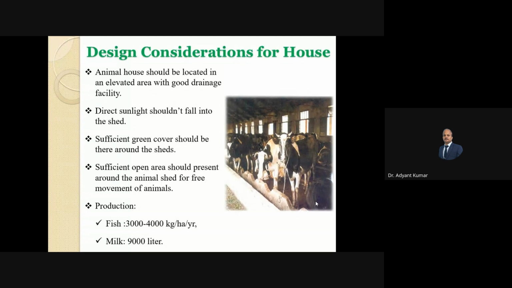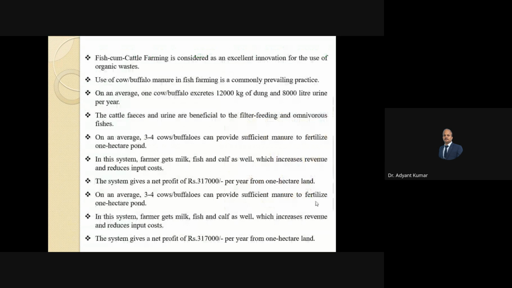In this, the production is about 9,000 liters of milk per year and 3,000 to 4,000 kg of fish per hectare per year. This fish cum cattle farming system is an excellent innovation for the use of organic waste, where use of cow and buffalo manure in fish farming is also a commonly prevailing practice. On an average, one cow or buffalo can excrete 12,000 kilograms of dung and 8,000 liters of urine in a year.